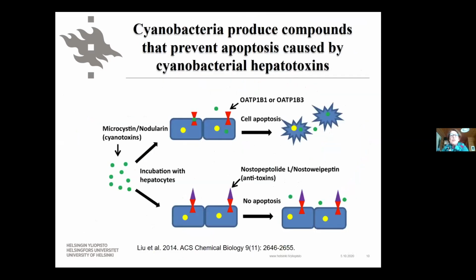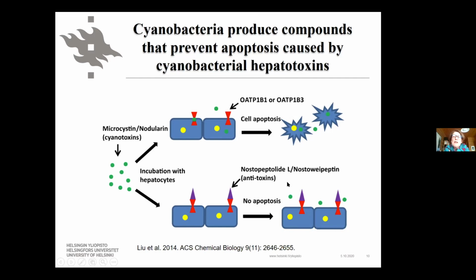What was also a surprising finding was that cyanobacteria produce compounds which prevent apoptosis caused by cyanobacterial hepatotoxins. Here, if we incubate microcystins and nodularin together with hepatocytes, you can see what happens. Microcystins and nodularin can enter the hepatocytes and cause apoptosis, cell death.